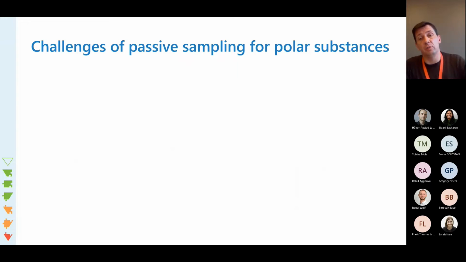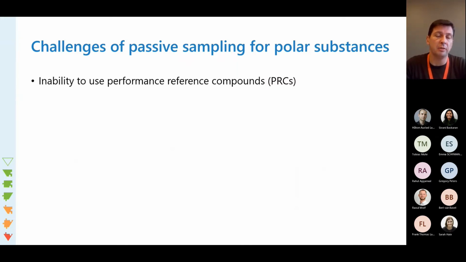So some of the challenges with passive sampling for polar substances: a lot of the work done with the non-polar compounds has progressed really a lot over the last 20, 30 years, but for the polar substances, things have been a little bit slower. One recurrent issue is that for most of the types of passive sampler that exist, it's not possible to use these performance reference compounds.